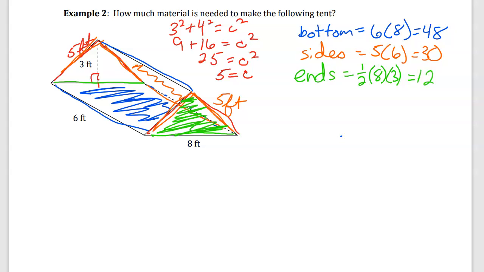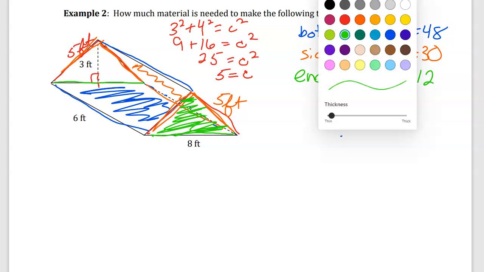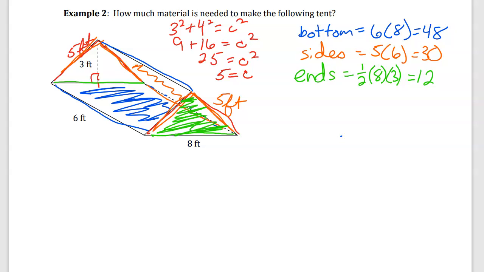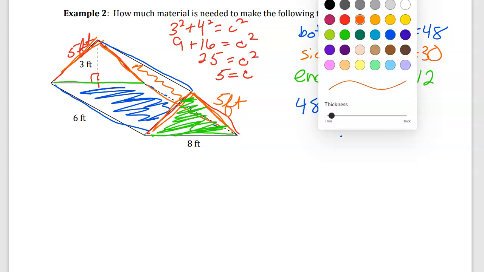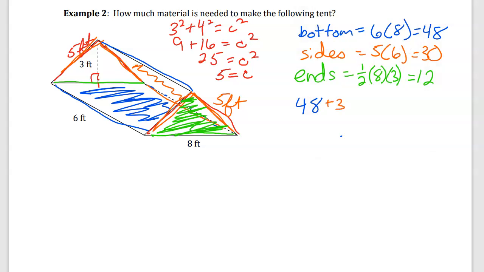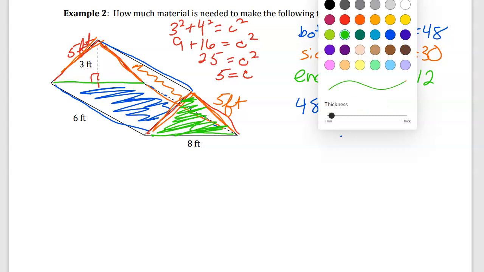I have 2 of those, so I've got to remember I've got 2 of those and I've got 2 sides. But I only have 1 bottom. So I've got 1 bottom plus 2 sides plus 2 ends.